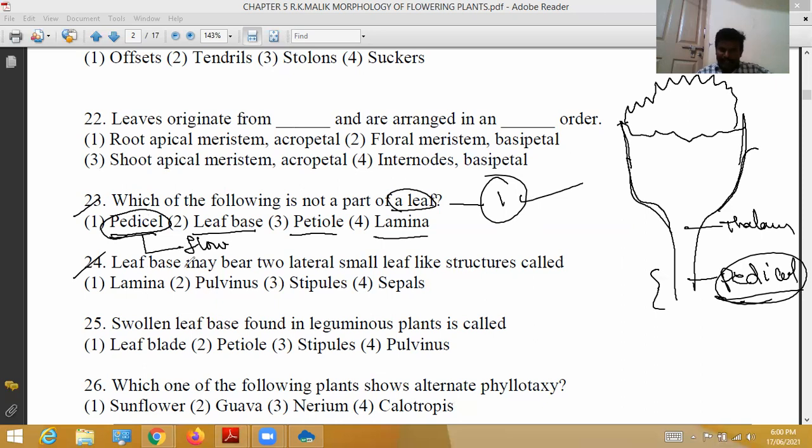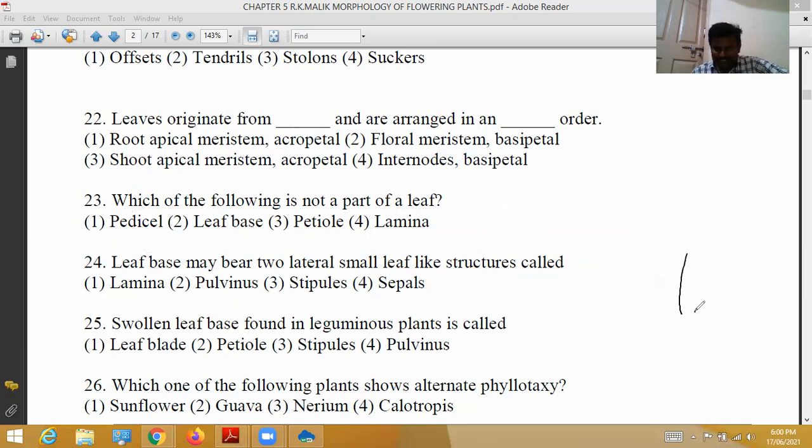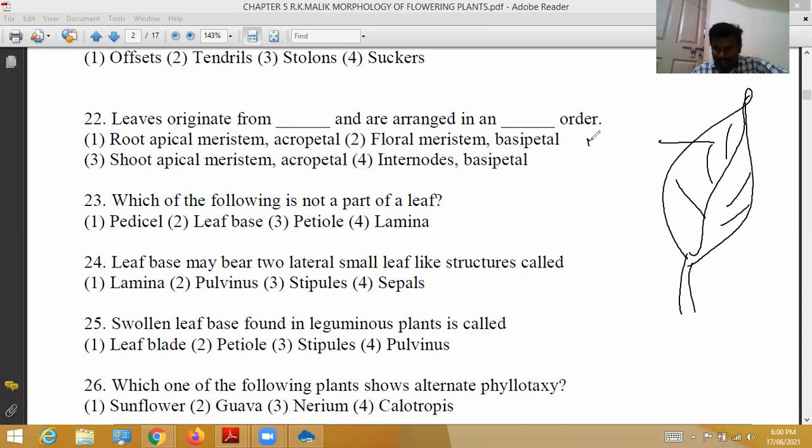24th question. Leaf base may bear 2 lateral small leaf-like structures. Those are called what? Lamina. See here, this is called lamina.